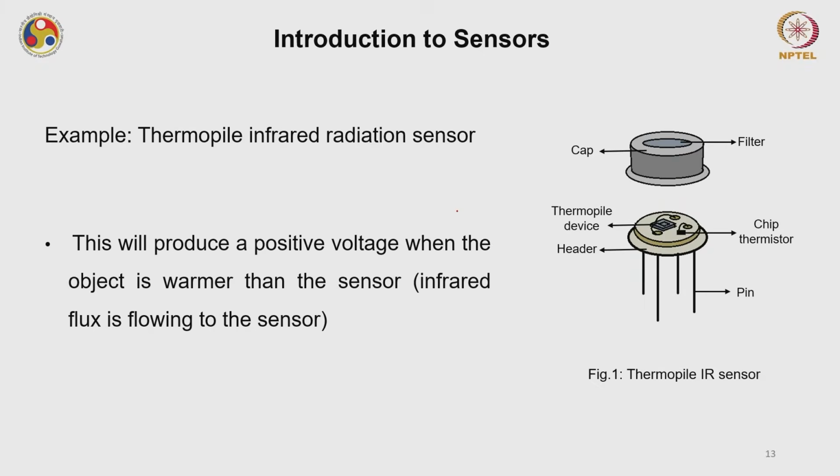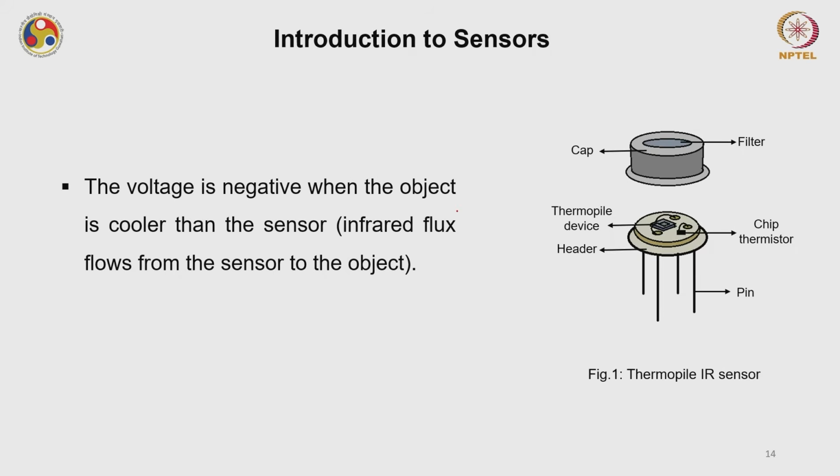When you have positive voltage, you understand that infrared flux is flowing to the sensor, which means your object is warmer than the sensor. So if you want to know whether the object is cooler or warmer than the sensor, a positive voltage means your object is warmer, and a negative voltage means your object is at a lower temperature than the sensor.